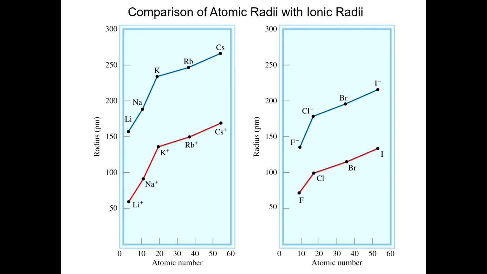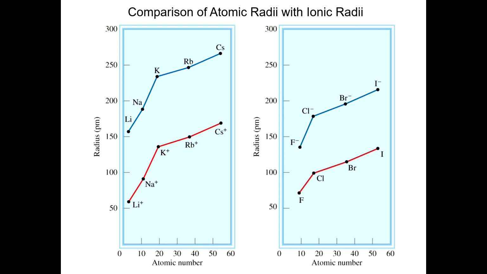For nonmetals, they tend to gain electrons to form a stable octet. When they gain electrons, is the radius increased or decreased? Increased. See this fluorine, right?